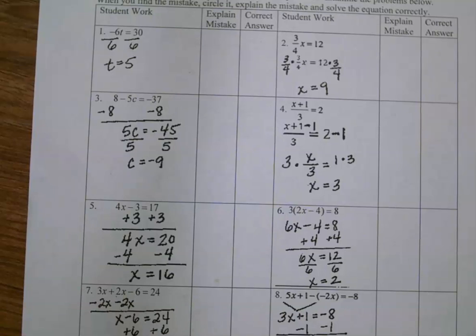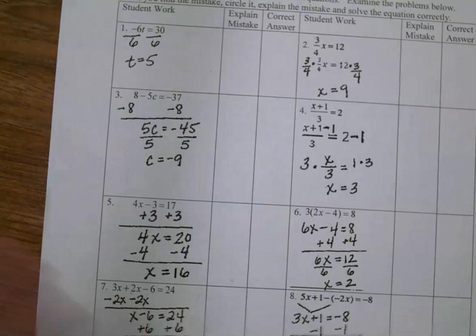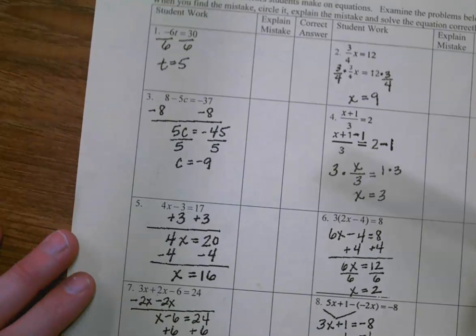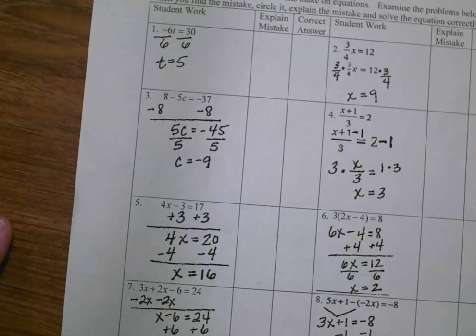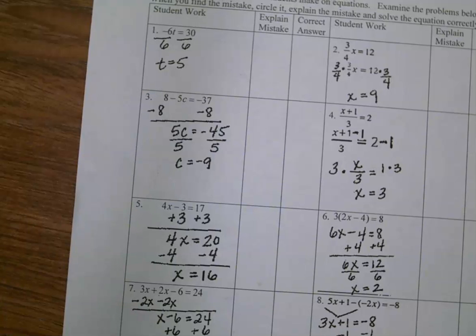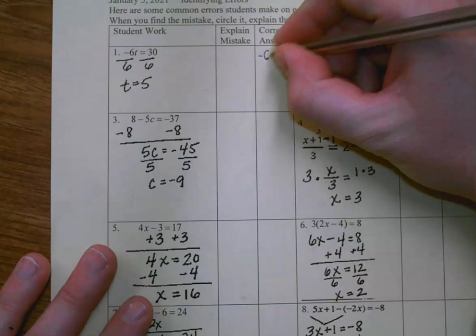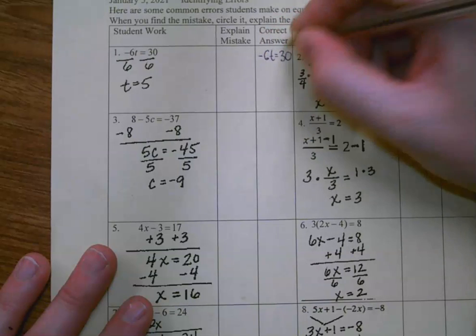Let me do just a couple more for you on this one. So on this one, it's saying, hey, look, here's some wrong stuff. Can you identify what they're doing wrong? Now, for a lot of students, the easiest way to find mistakes is just to do the problem correctly. So I come over here and I'm just going to redo the problem. Negative 6t equals 30.